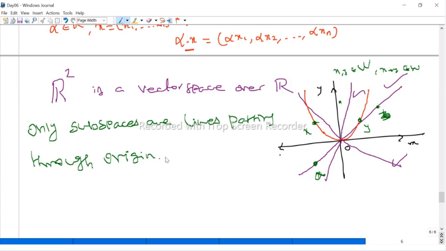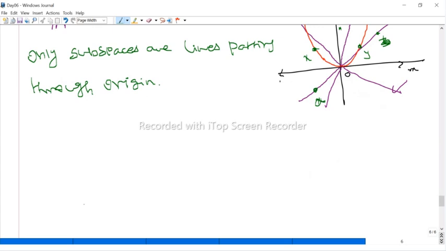Suppose we go to R3, what are the subspaces? So in R3 we have two structures. One is a line, another one is a plane. Clearly R3 is a vector space over R. The subspaces are lines passing through origin or planes passing through origin.